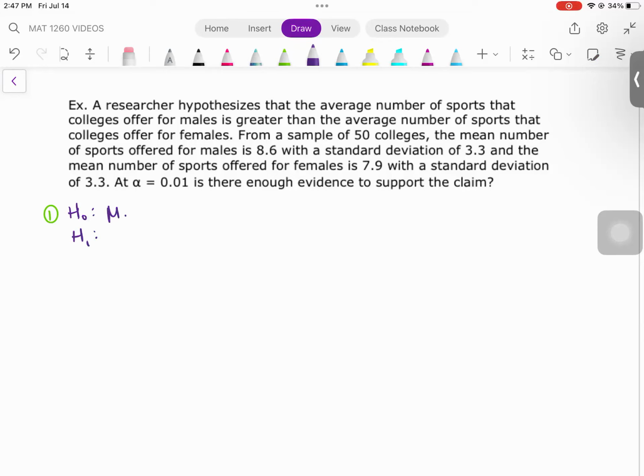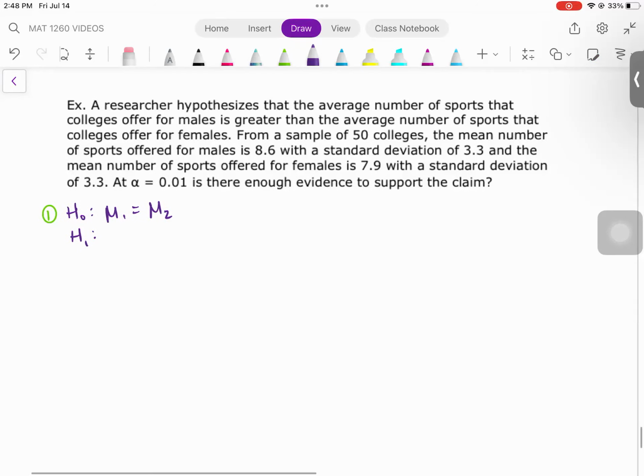Our null hypothesis is always going to be that mu1 is equal to mu2. And then our alternative, let's start setting up our groups so that we can set up our inequality correctly. Since we're talking about males first, we'll call that group 1. And then we'll call females group 2.